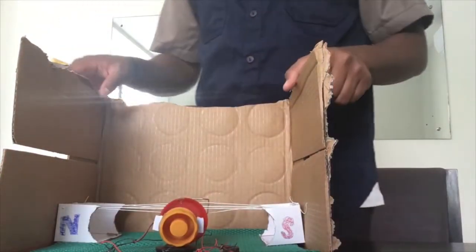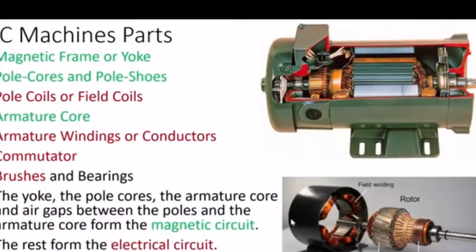If we take a look at the diagram, there are other parts of a DC generator, which are the magnetic frame, the yoke, pole core, pole shoes, field coils, armature core, and windings, together with housings, bearings, and shafts.